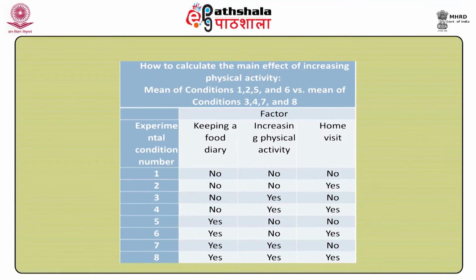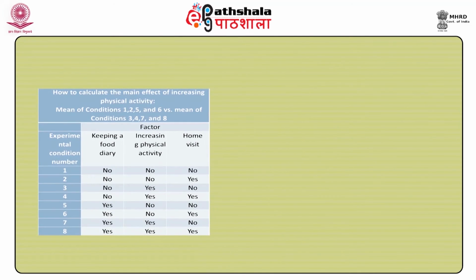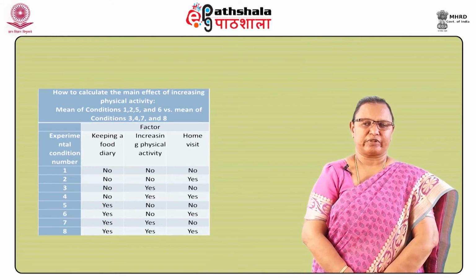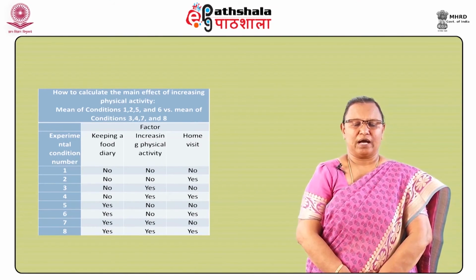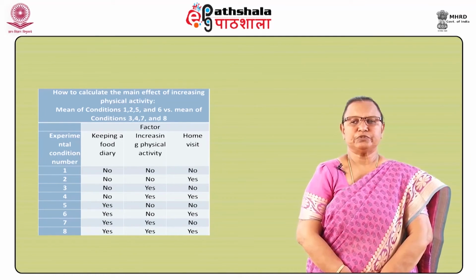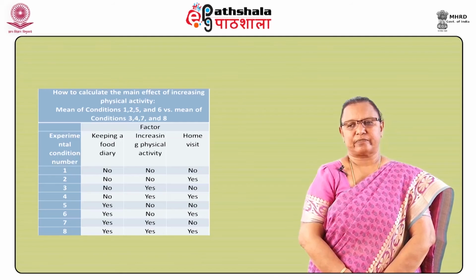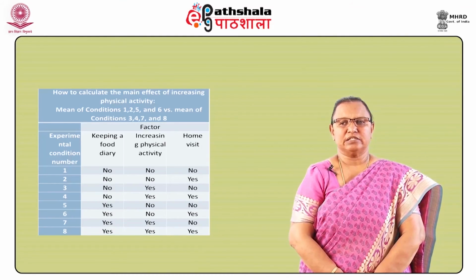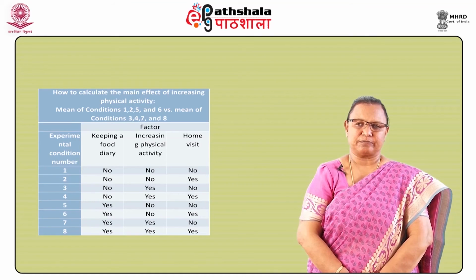Therefore, from this experiment, if you would like to find out the effect of physical activity, then you will have to calculate the main effect of physical activity of the conditions 1, 2, 5 and 6 compared with 3, 4, 7 and 8. As you can see from the table, in the conditions 1, 2, 5 and 6, physical activity is not given as an intervention.